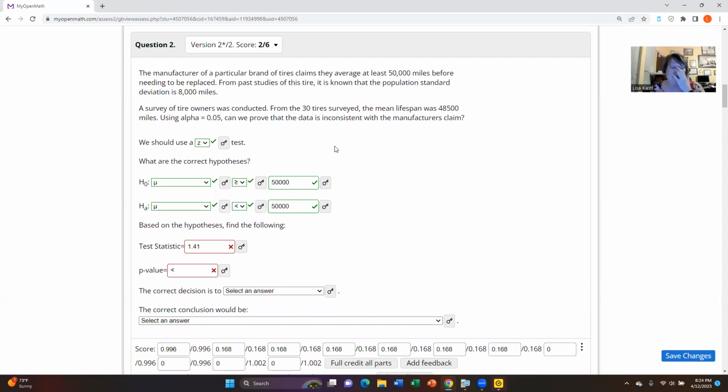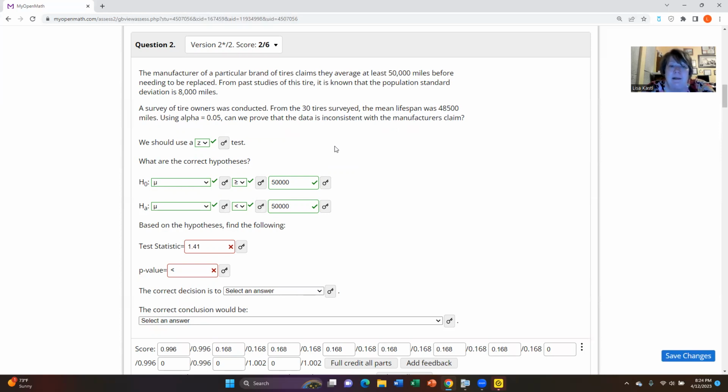How about this one, number 2? I'm not going to look at all of them, but we'll look at a couple just to get you hopefully started. Once you kind of get the swing of this, getting it in your calculator and calculating it's pretty fast, pretty easy. A manufacturer of a particular brand of tires claims they average at least 50,000 miles before needing to be replaced.